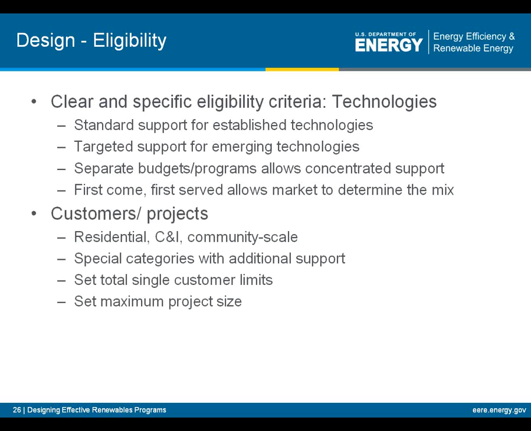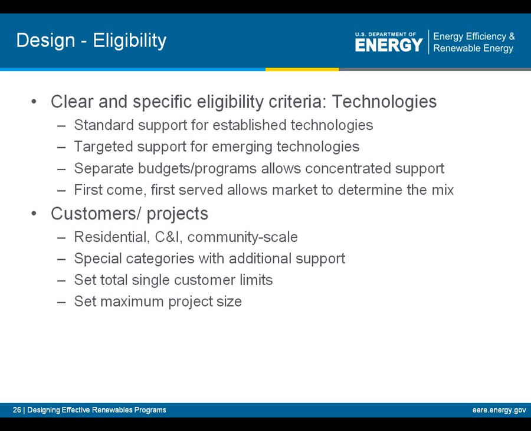You'll want to think about the eligibility criteria for customers and for projects as well. Are you going to support residential projects, projects of the scale that you usually see on commercial buildings, or community scale projects? Some special categories may be what you want to actually set aside additional support for.